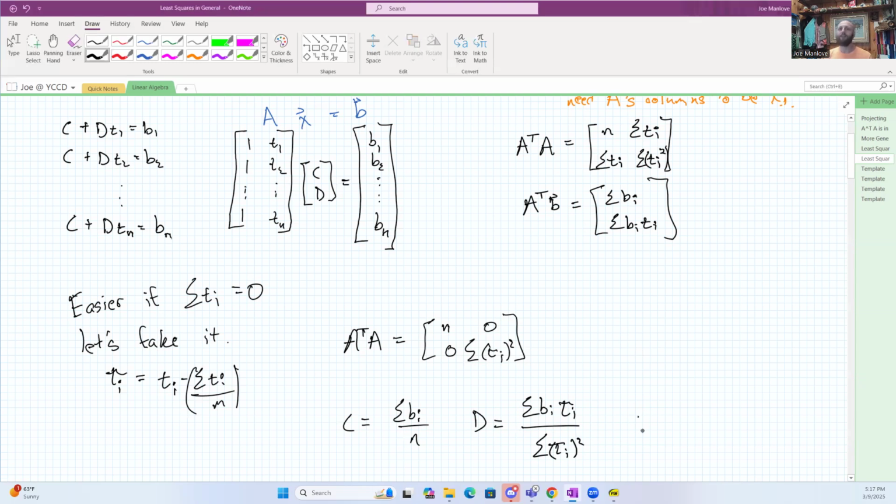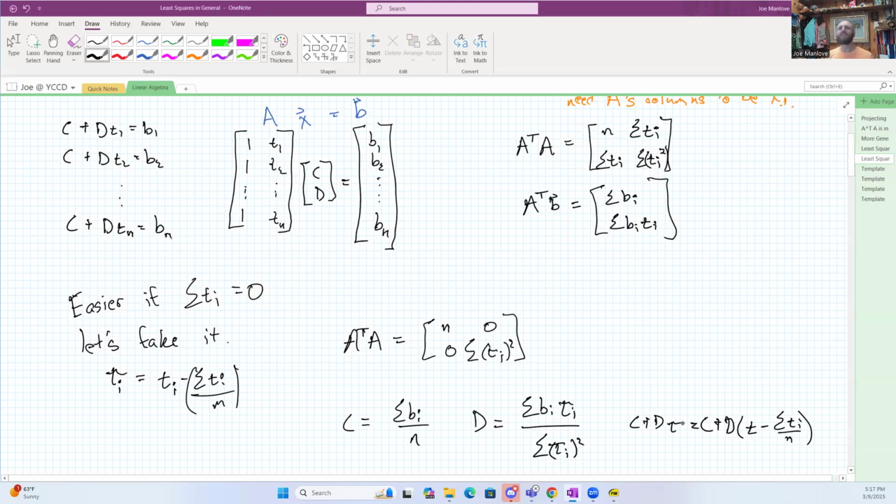So our best line ought to be C plus D tau i, and we could rewrite that as C plus D times, oops, that should have just been a tau. And we could rewrite that as C plus D times t minus the sum of the ti's over n.